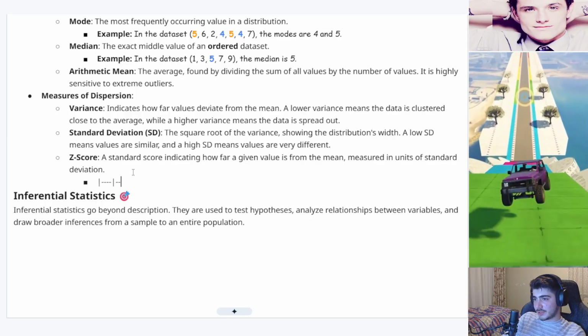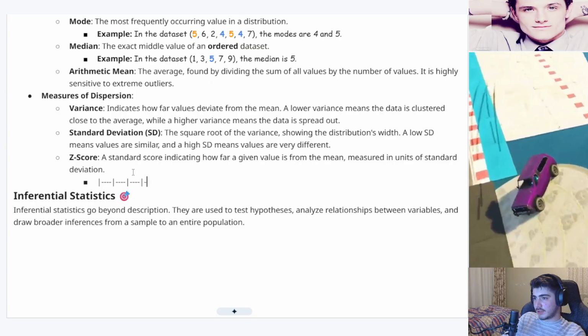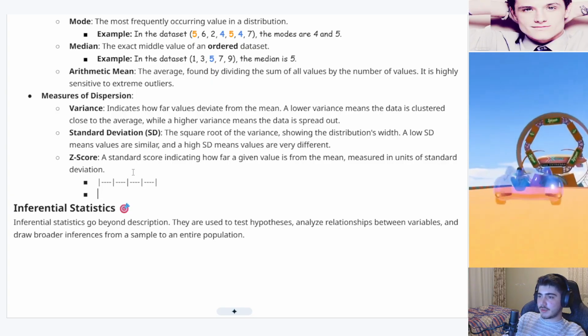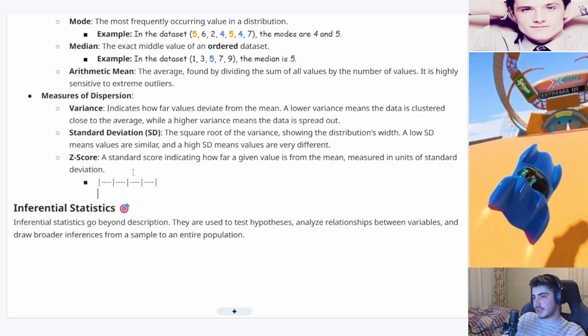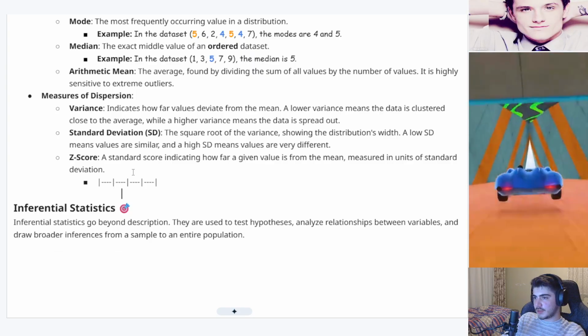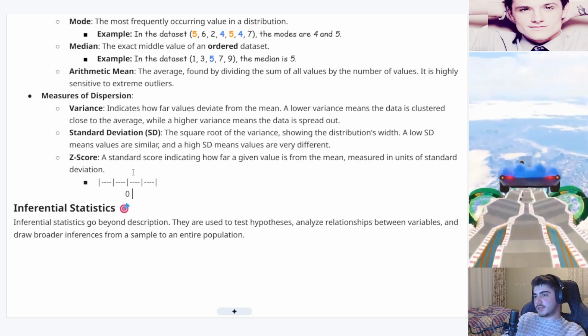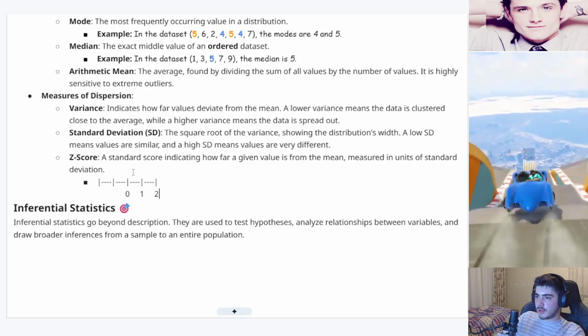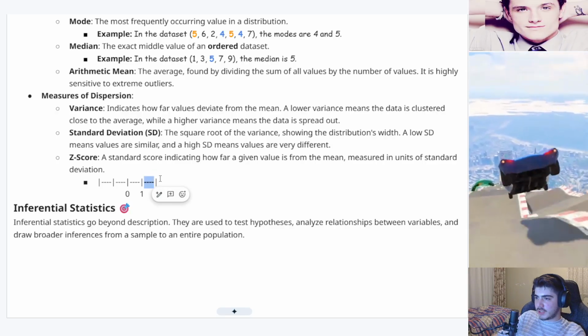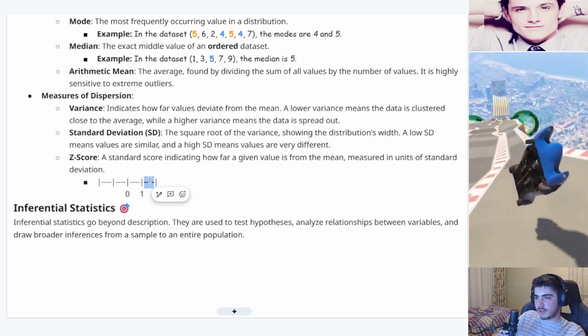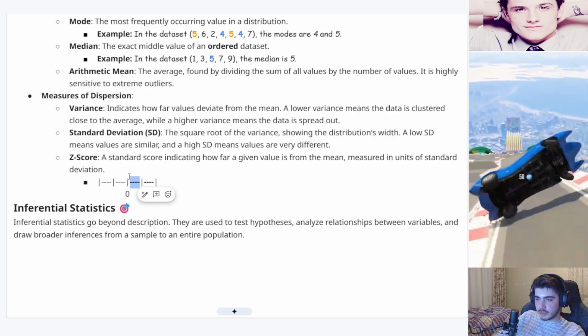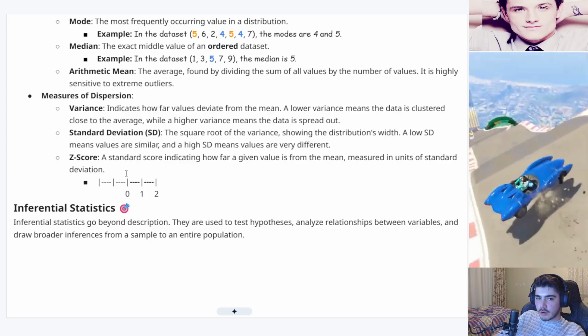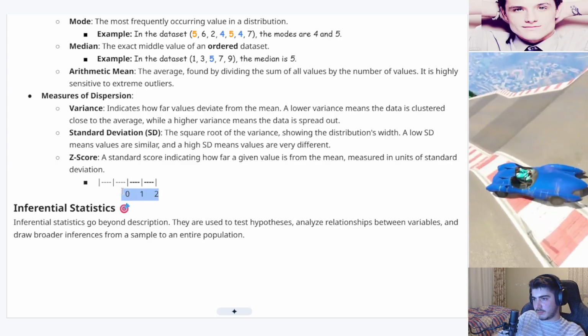I don't know if I was able to explain it, but if I draw something like this, I don't know if I will be able to. This will be your 0 point, this will be your z1, this will be your z2, and the distance between these guys will be a standard deviation long, just like a ruler. There will be raw values here, and these will be your z-scores.